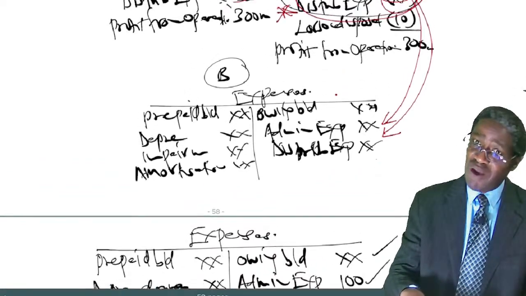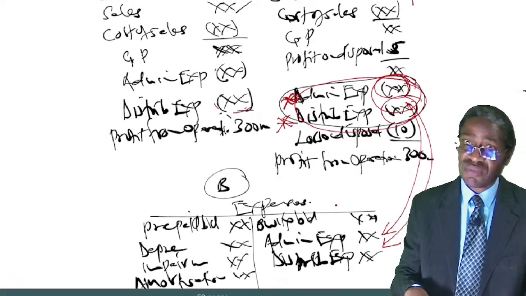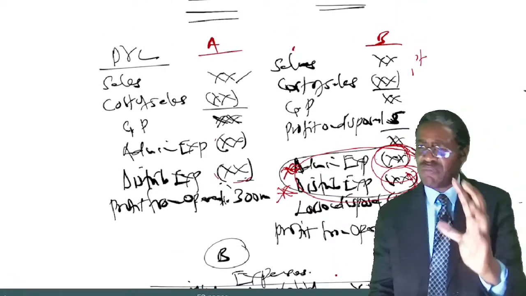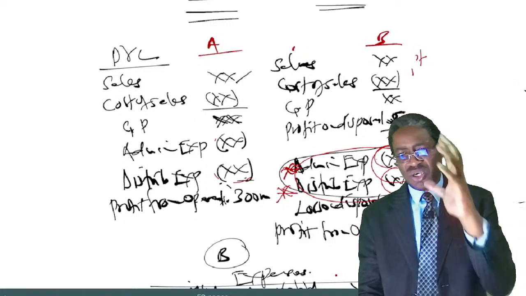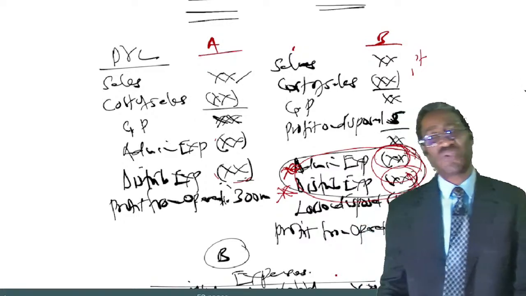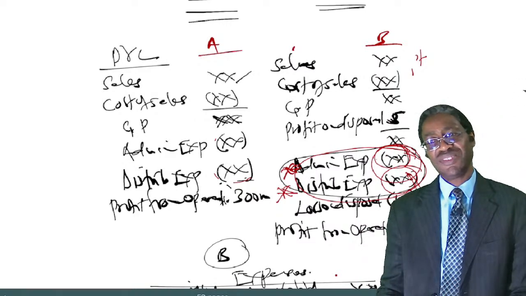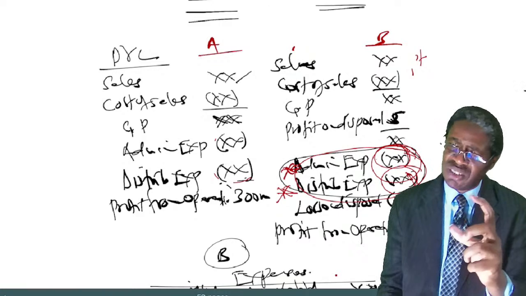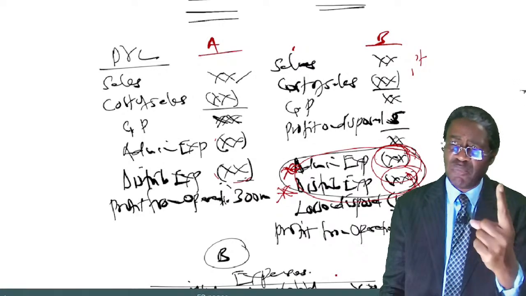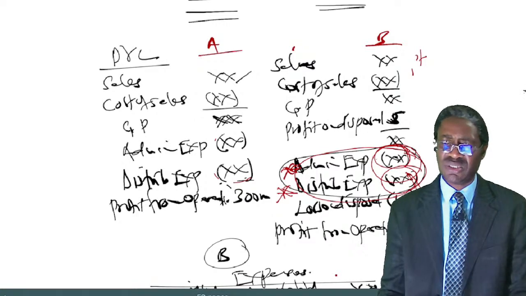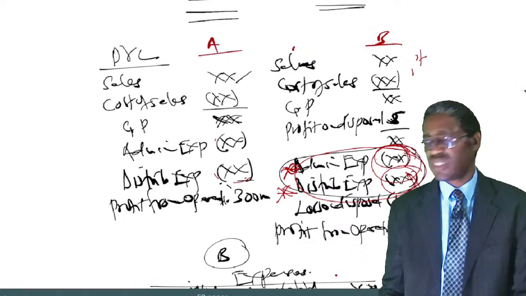But let's go back now to accountant A. Accountant number A also, using the same records, got a profit of 300 million that year. So we need to ask ourselves, this is one company, so this guy must have used the loss on disposal somewhere. Where do you think he used it?